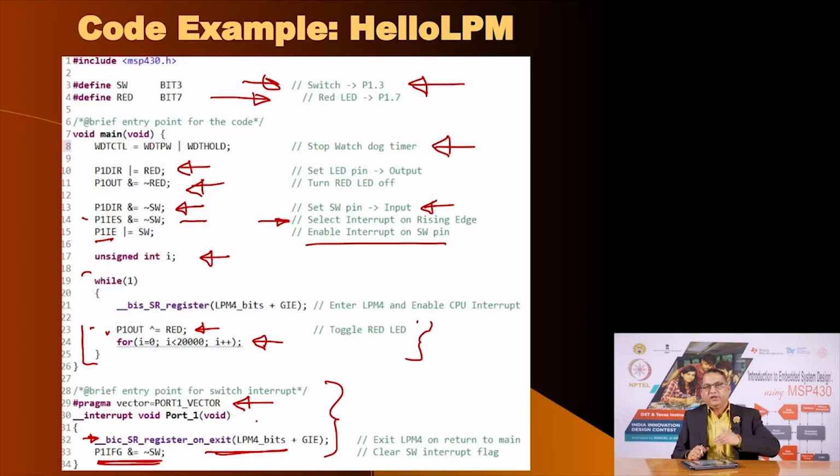In the interrupt subroutine, it is going to disable the low power mode, go back into active mode, toggle the LED, and come back and again enter the low power mode. So, once you press the switch, if the LED was on, it will be off, and it will remain off. Then when you press the switch again, it will again exit the low power mode, go into active mode, toggle the LED, again go into low power mode and so on.